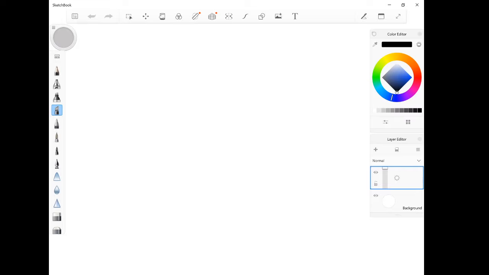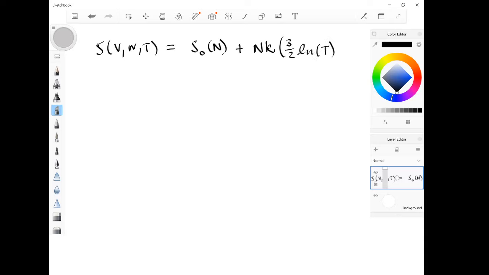And so as an approximation, we can say that because we have a volume, number of particles, and temperature, just from the calculation we've done many times, the entropy is going to be some offset plus nk times 3 on 2 natural log of T plus the natural log of V on n, and we have entropy there.